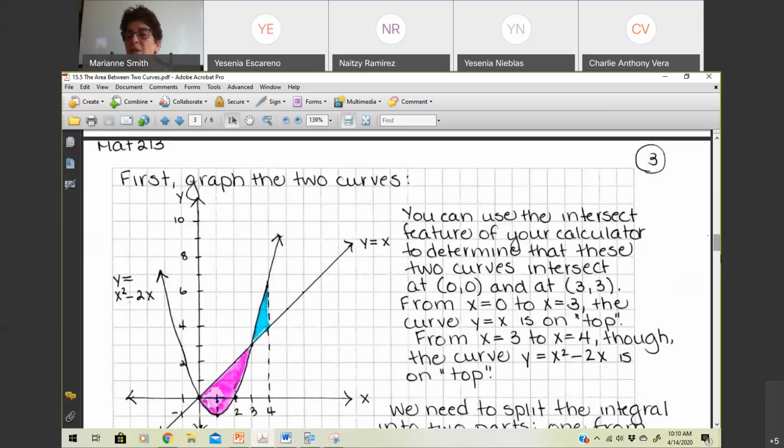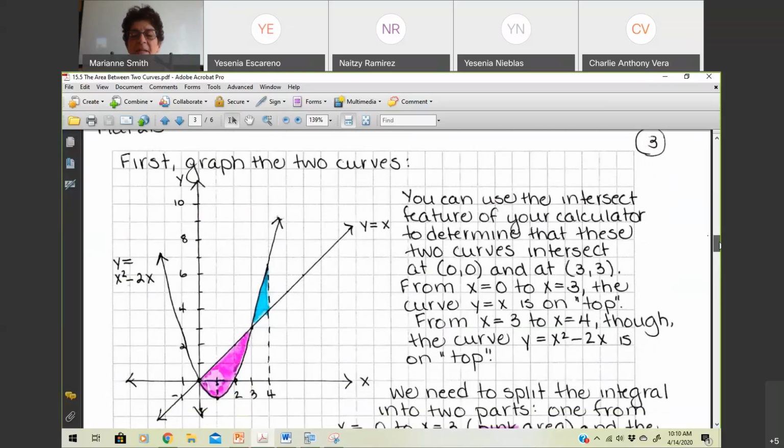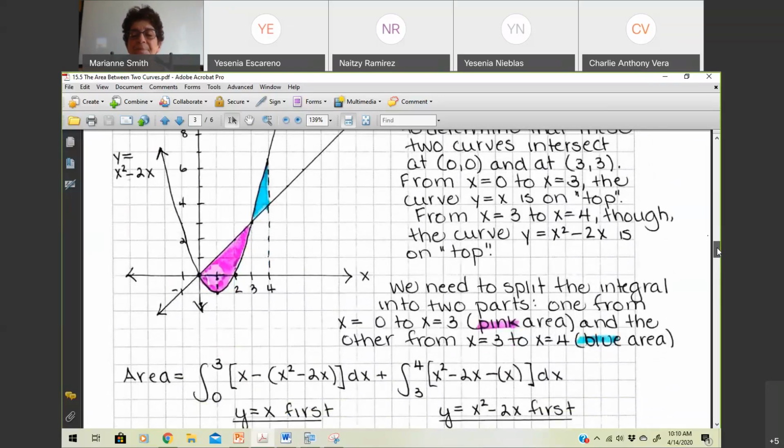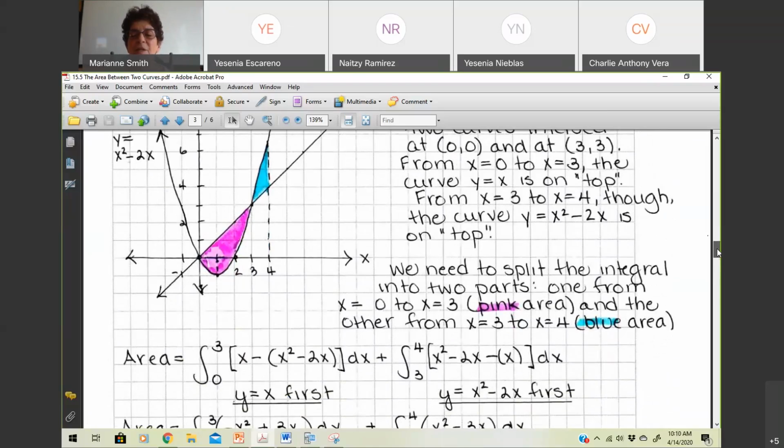So let's see how I'm going to build the integral. I'm going to split it into two parts, one from 0 to 3 to cover this pink area. In that example, I have the linear, which was y equals x, first, because the linear is the upper function, minus the lower function, which is the quadratic.